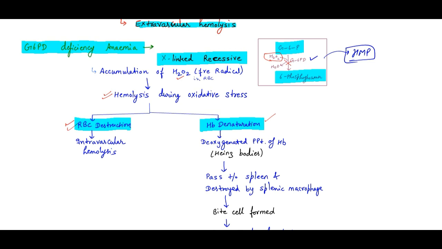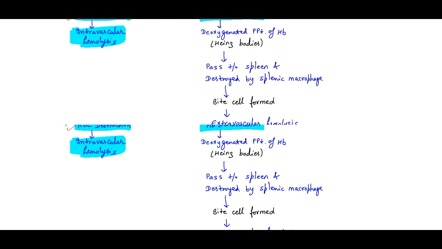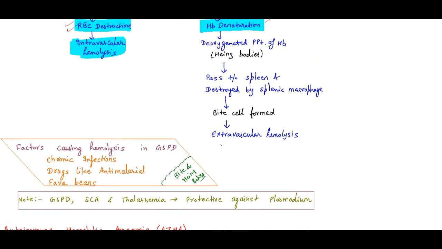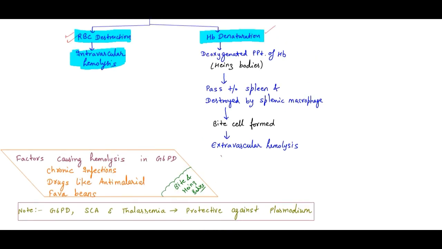Remember, RBC destruction inside the vessel means intravascular hemolysis. And hemoglobin denaturation will lead to precipitation of hemoglobin, which means Heinz bodies.